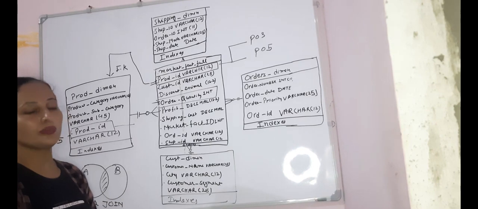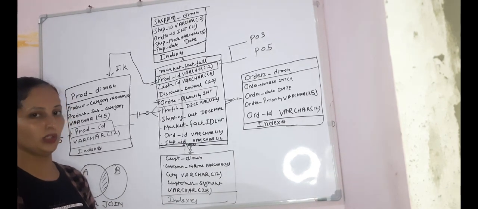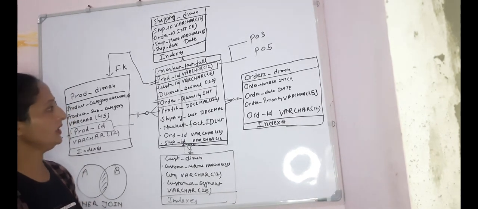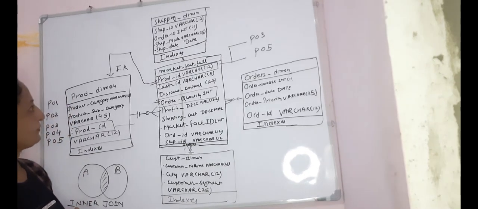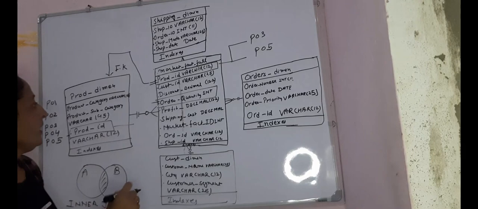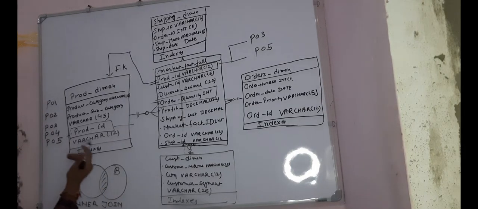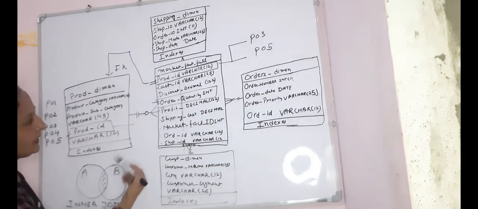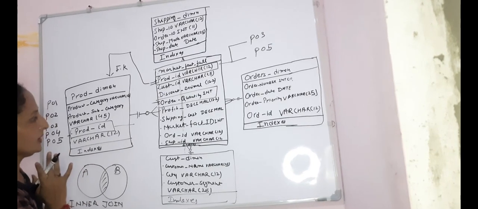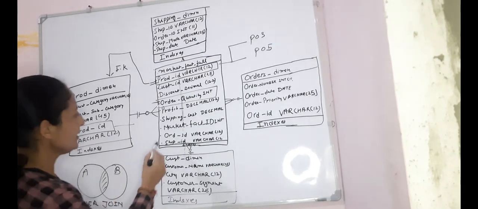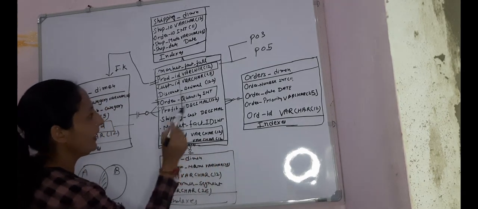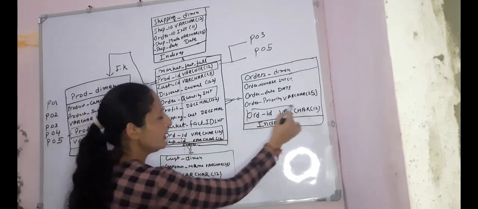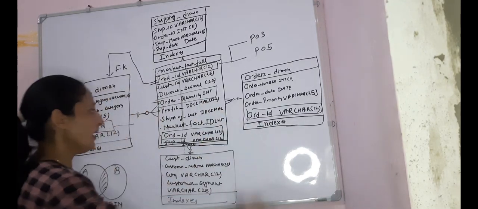This is an important thing here. For two tables from which we want to extract information, there should be a foreign key relationship. Like here is the order ID, and here is also order ID in the order dimension table.